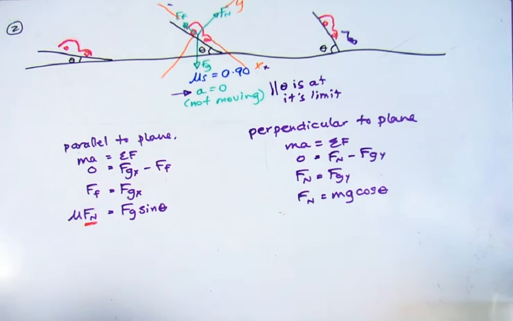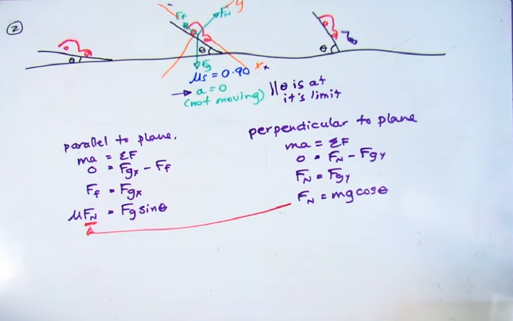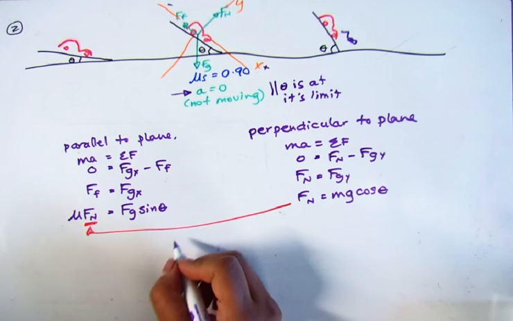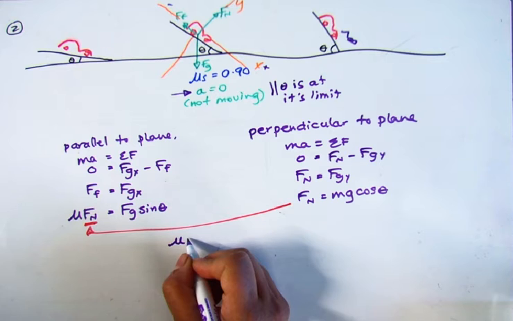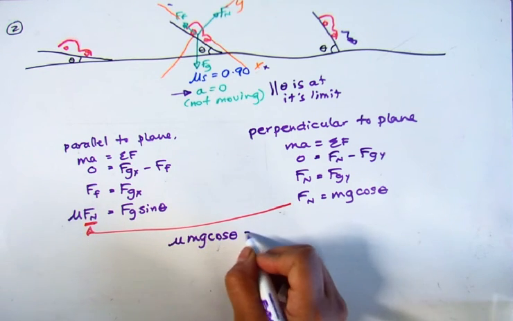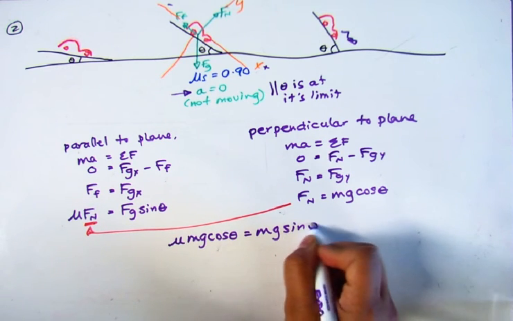Then we can plug this back in. I haven't put in any numbers, and it's a little disconcerting because the question doesn't tell us the mass, but when I plug in I get mu mg cosine theta equals, and then Fgx is just mg sine theta. Well, look what I have.